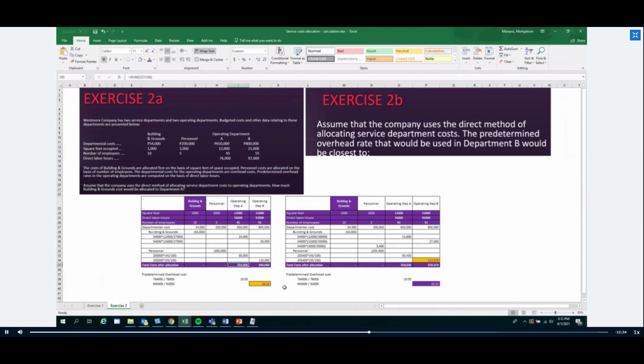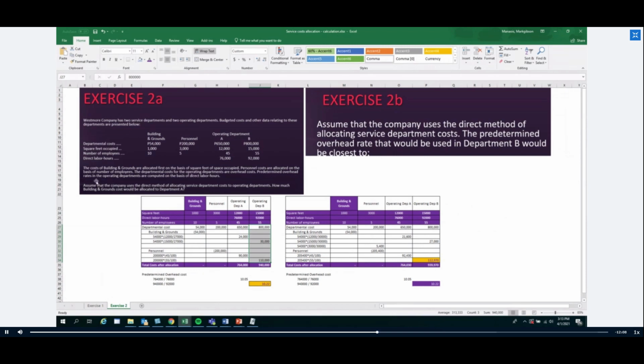So the total is 764,000. Ngayon, for operating B, total cost niya initially is 800,000. Share niya from building and grounds is 30,000 plus from personnel office na 110,000. Total is 940,000.